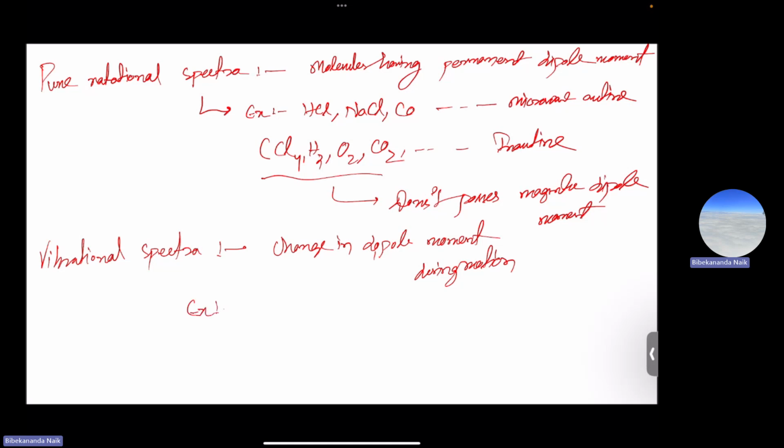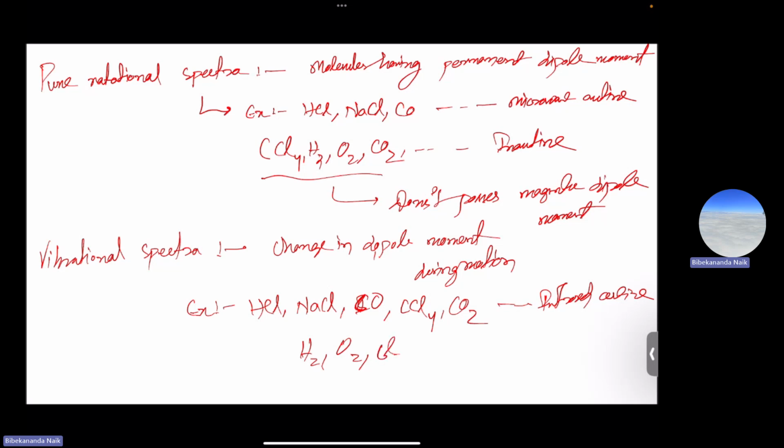For example, HCl, NaCl, carbon monoxide, CCl4, CO2, they are infrared active, but H2O2, Cl2, I2, they are inactive.